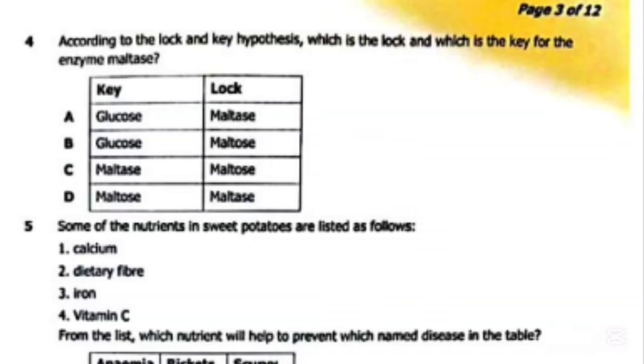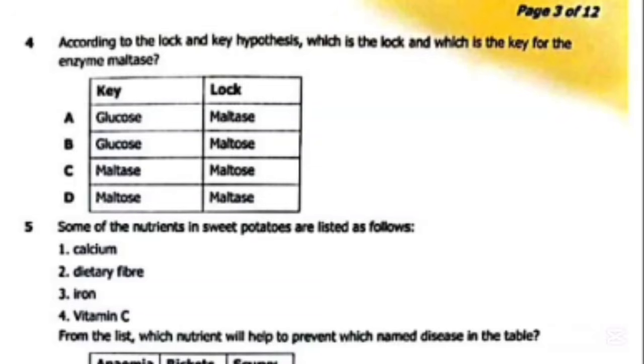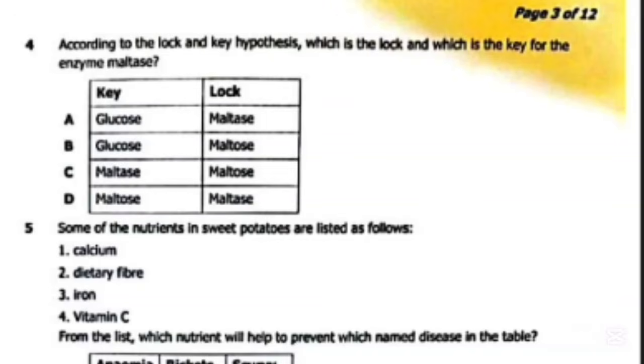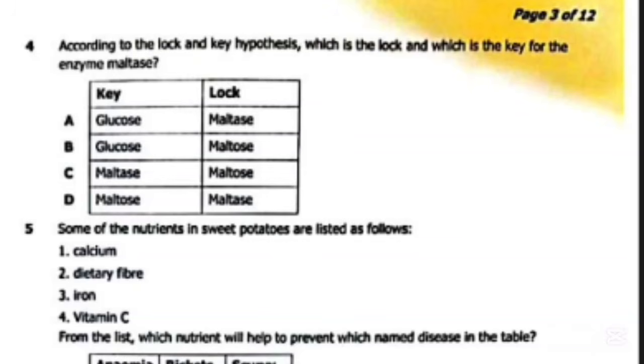Now, how do you identify an enzyme? I told you a simple way to identify an enzyme is that you take the substrate, for example, carbohydrates. We have maltose, lactose, glucose, amylase, all those nutrients. I told you to just remove the E and put A. For example, we have maltose.